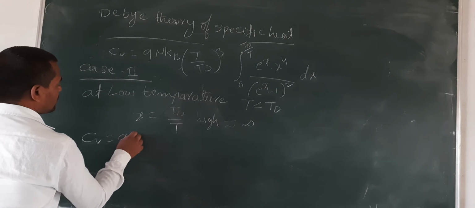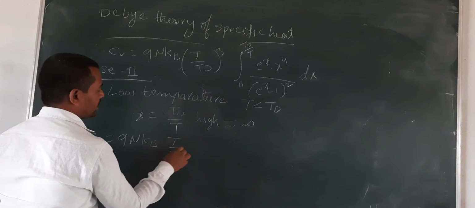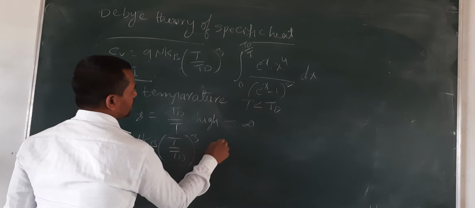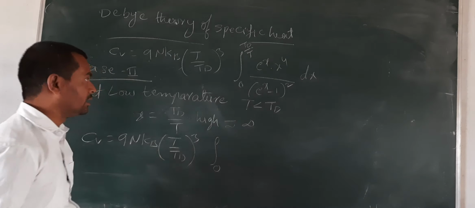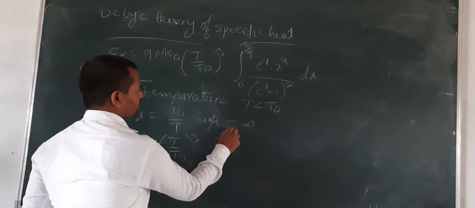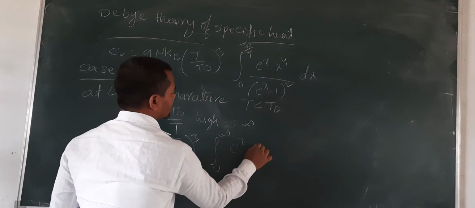Cv is equal to 9n kb (T by Td) whole cube, integration from 0 to infinity of e power x, x power 4 by (e power x minus 1) whole square dx.